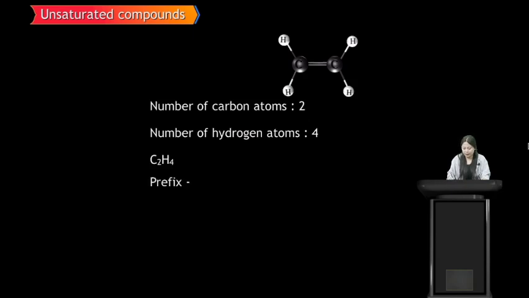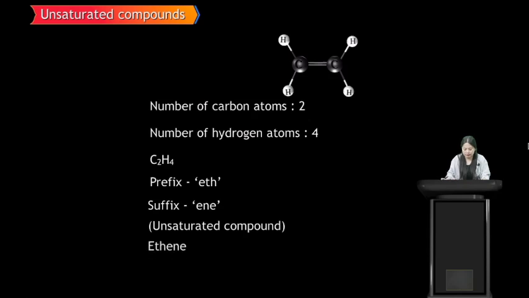Remember, students, for 2 carbons the prefix is ETH. And since this is an alkene, it contains 1 double bond between 2 carbon atoms. Since it contains a double bond, the suffix will be E-N-E. So the name of this unsaturated compound will be ethene.